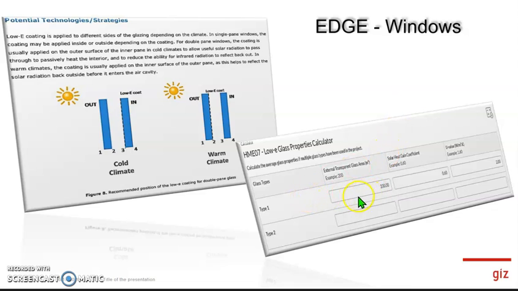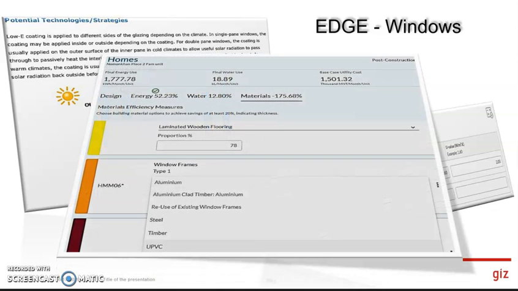You have the different areas which you have to put in: the glass area and the solar heat gain coefficient, the G value we had before when I was talking about windows. Edge uses that value, and then the U value. So you can calculate the windows if you do not have the information from the producer.